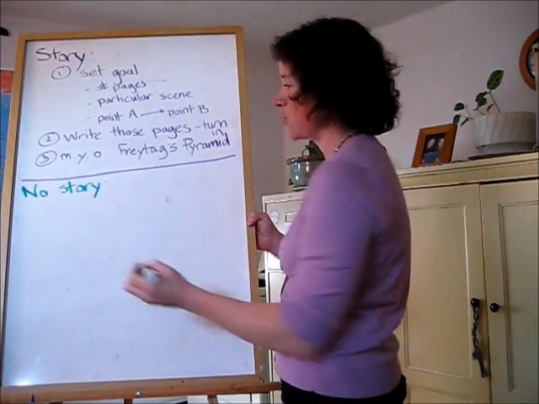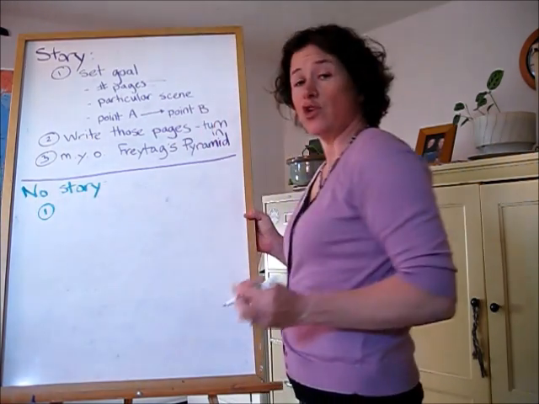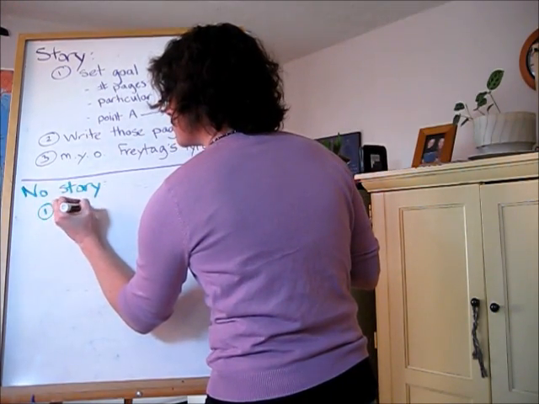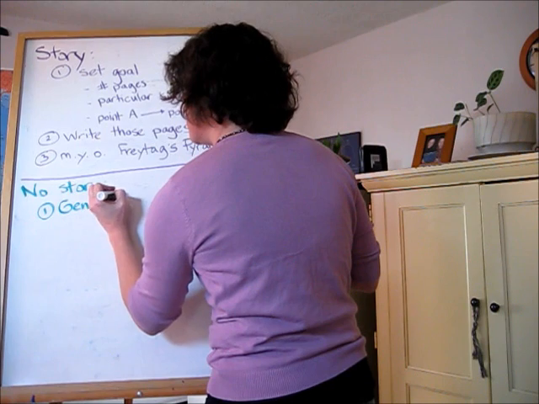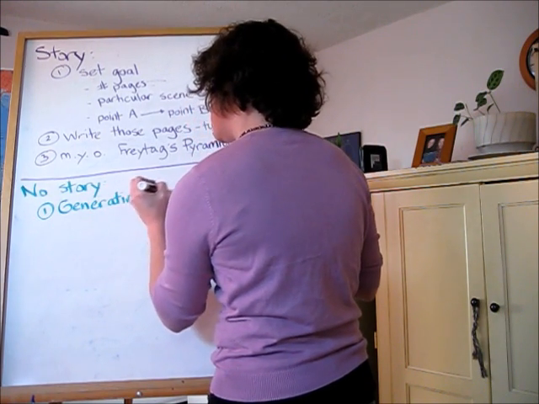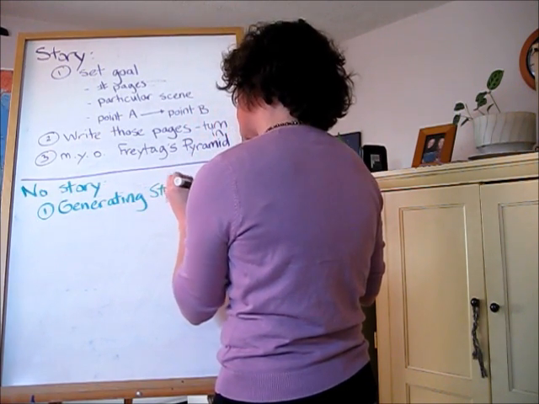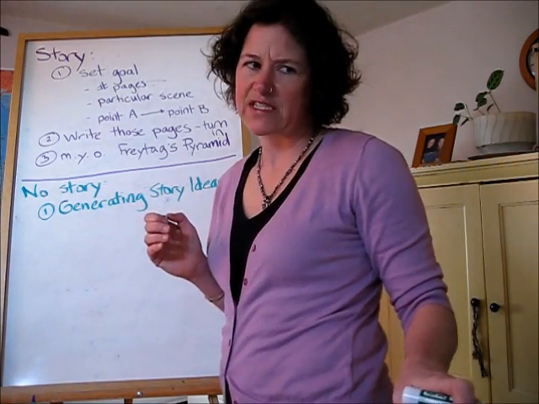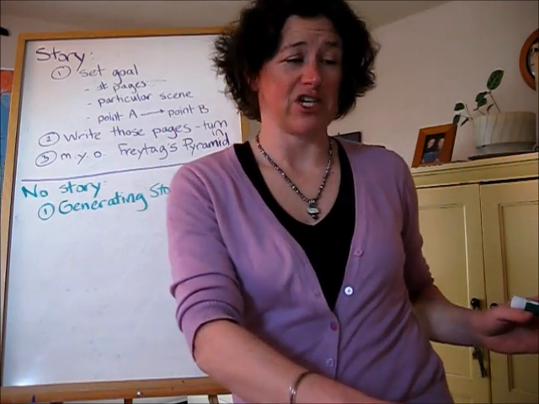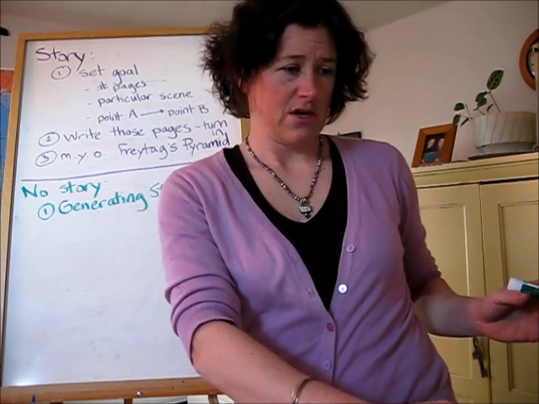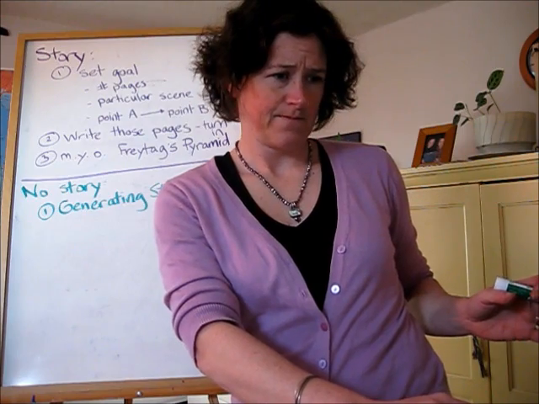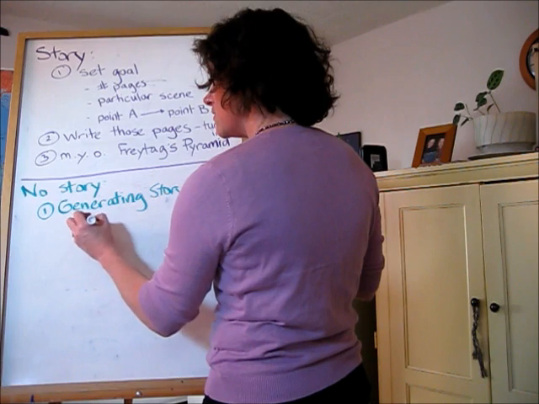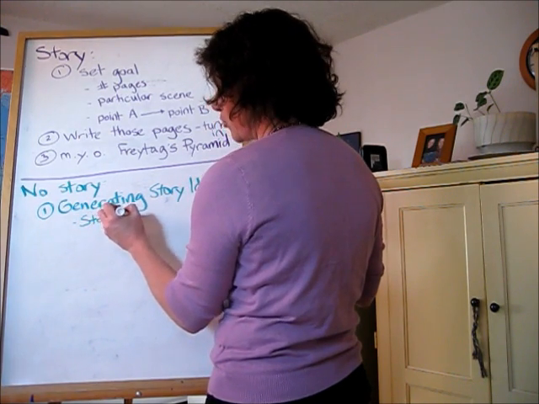And if you're in that category, then you're going to do this. Go to the Generating Story Ideas folder and you will see 2 documents that are named story opening sentences. Let me double check that. I'm pretty sure that's what they're called. Yes. So you'll see story opening sentences and story opening sentences too.